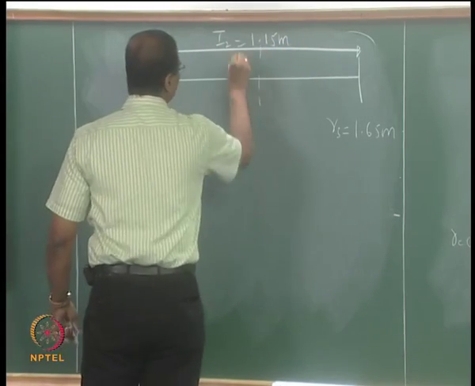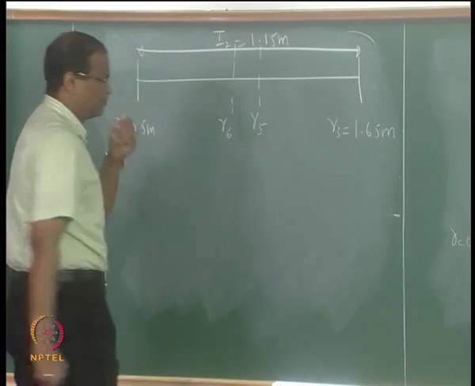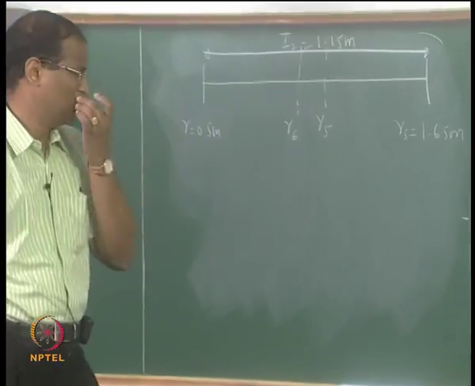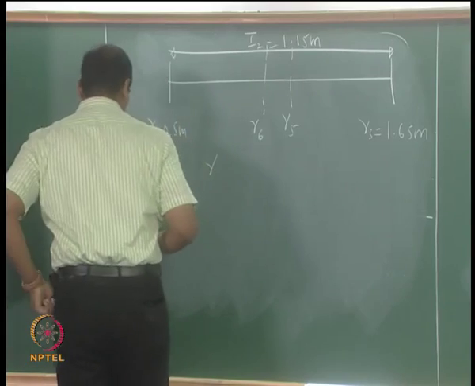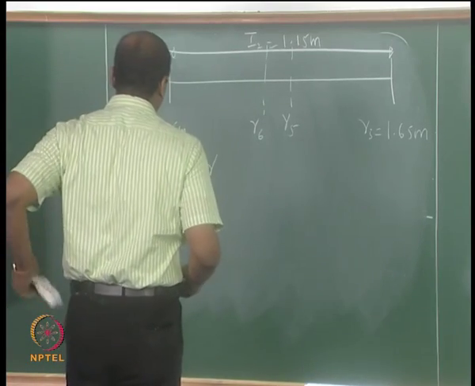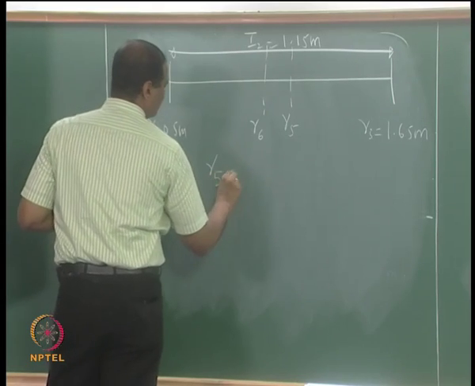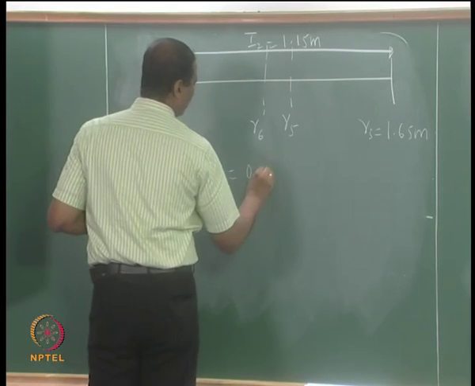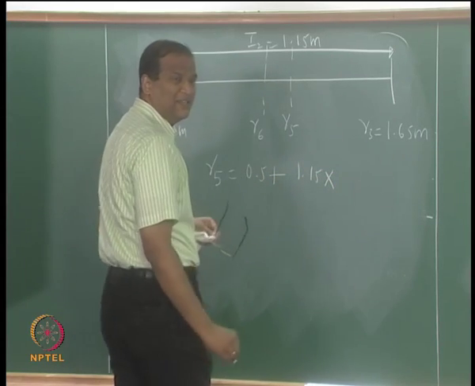So I now take 2 points R5, R6, okay. So R5 is 0.5, 8 by 13.